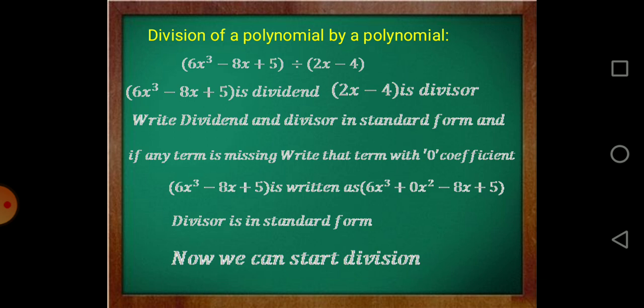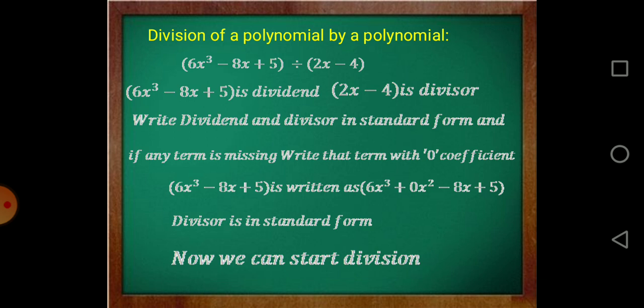The prerequisite of performing the division is that the terms of the dividend and divisor should be written in the standard form. Standard form means all the terms should be written in the decreasing order of their degrees. Suppose in the dividend, 6x cube is highest, then 8x power 1, then 5x power 0 or simply 5. And the divisor is already in standard form, 2x minus 4.